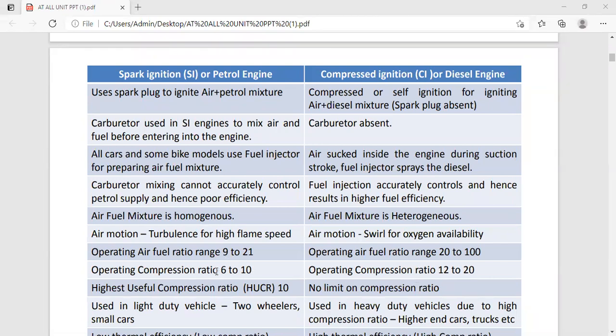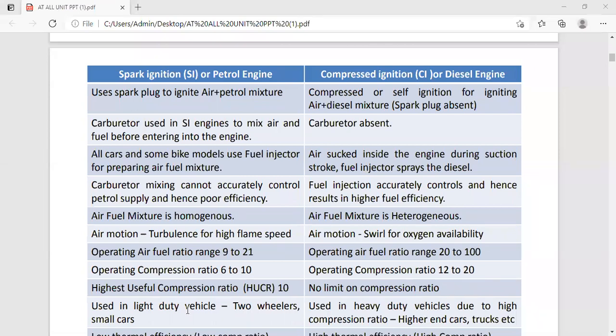Keep in mind, this is a very important point. Most of the time in multiple choice questions, these ranges will be asked for SI or CI engines. So keep in mind.